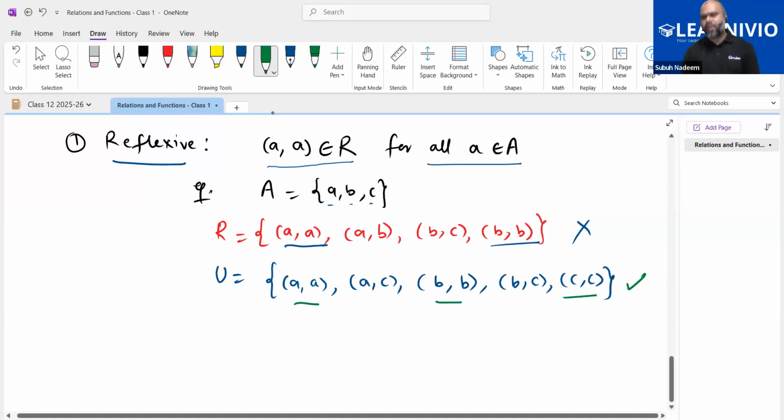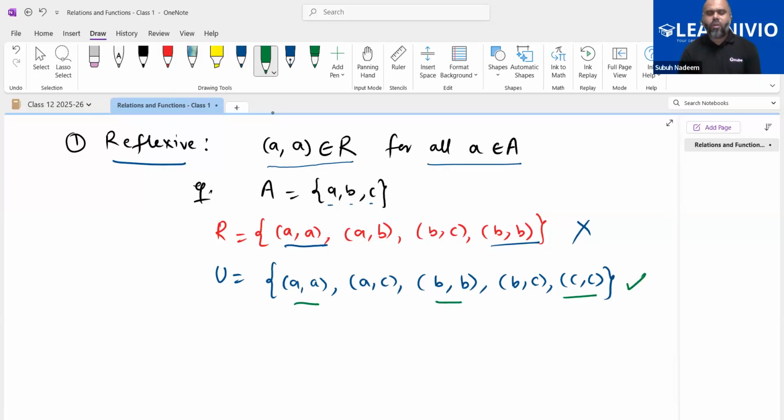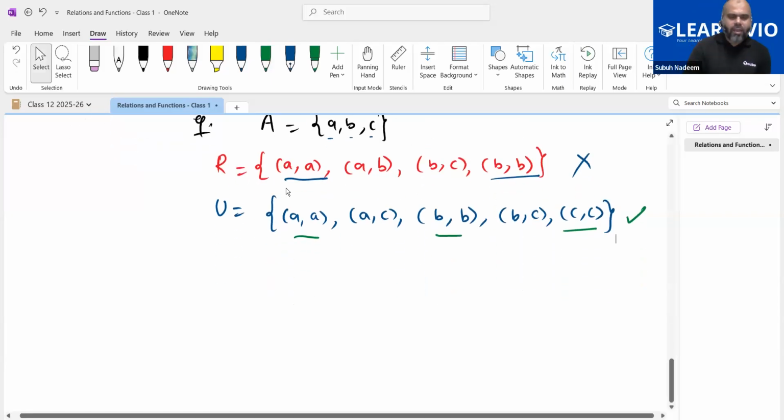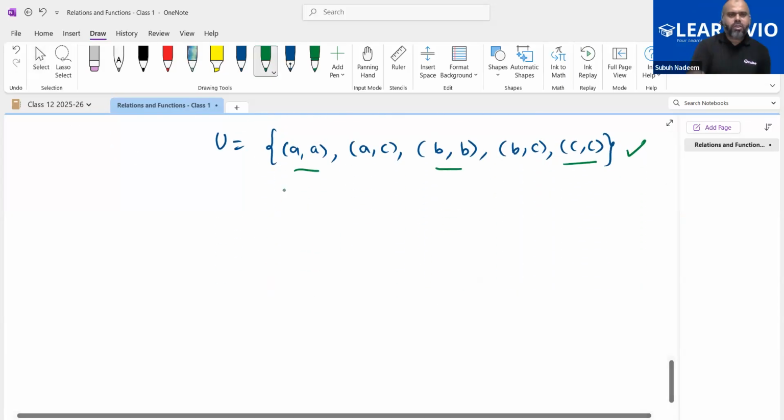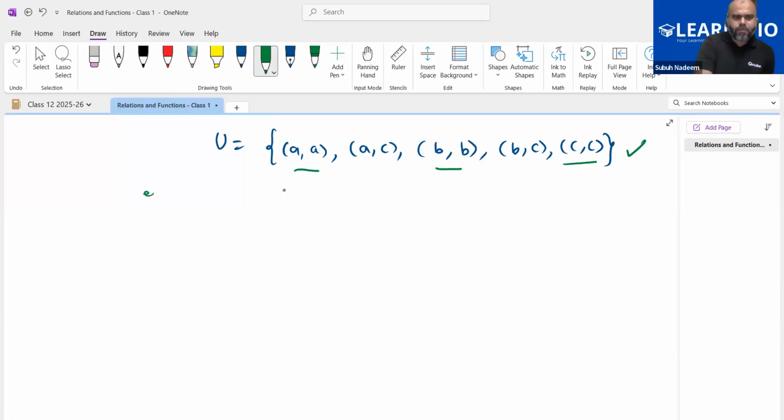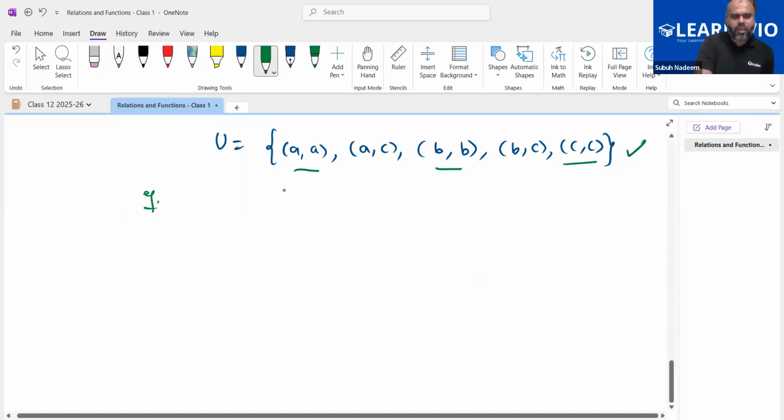So this is a reflexive relation. If you want a relation to be reflexive, it is important that all the elements of the set are mapped to itself.